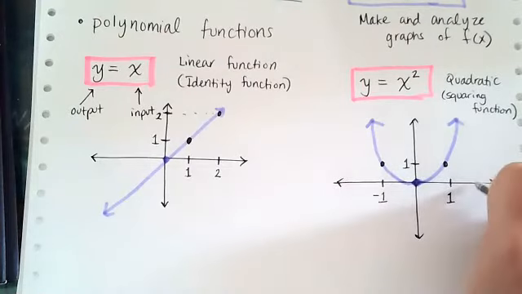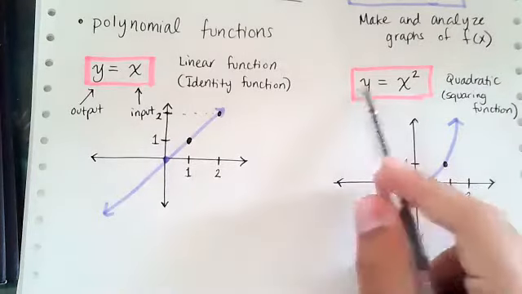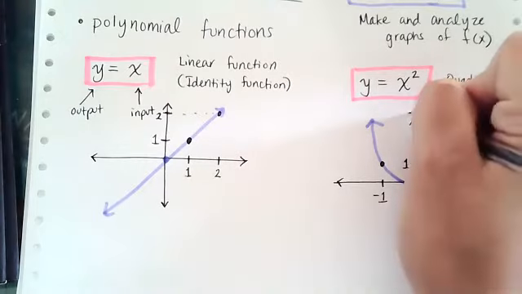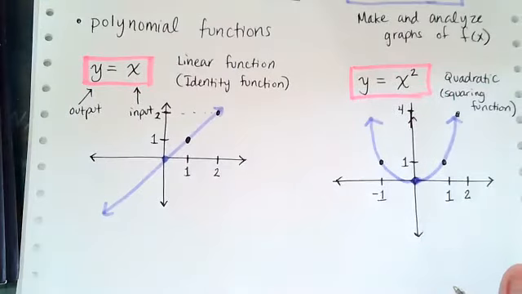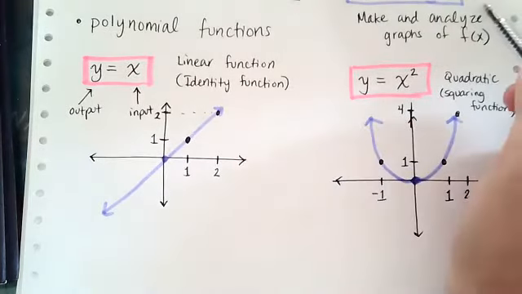If we were to go over to 2 on the input, well, 2 squared would be 4. So that's why this value up here is pretty high. It would be up here at 4. So as you continue walking outwards, let's say in the positive direction, and your inputs get larger, well, then your outputs will get larger because 3 squared would be 9, 4 squared would be 16.